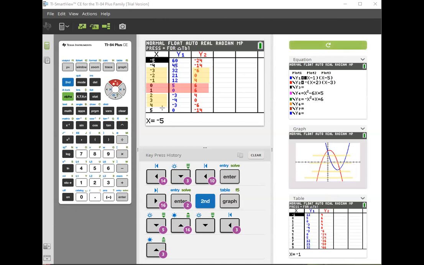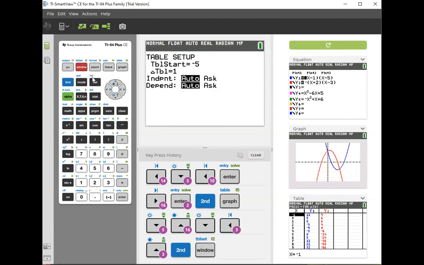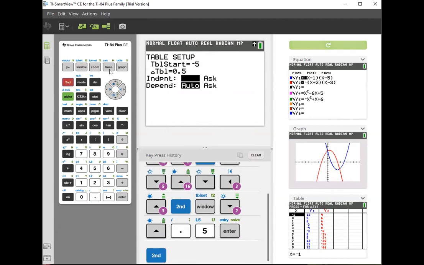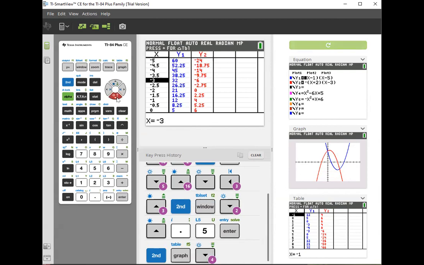But how do we express this on the table? One way of doing that, if you've done this with your teacher in class, is go to second table settings. Then instead of having the increments as 1 unit, we can make them a half unit. Then when we go back to the table, we know that the vertex is on the axis of symmetry at a half, but now the domain is skipping by half steps.